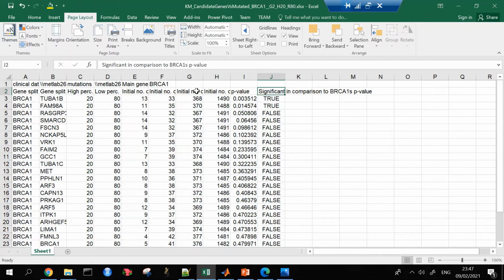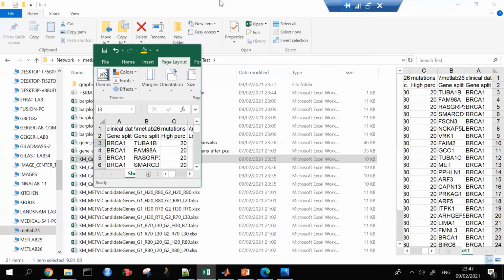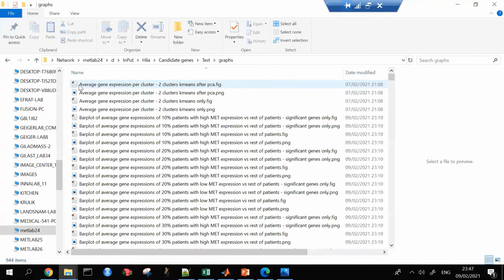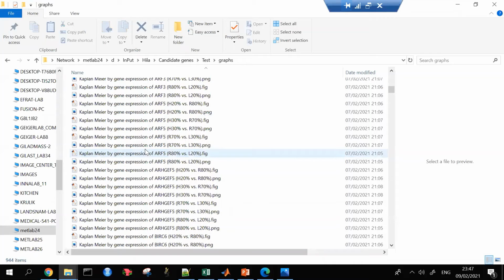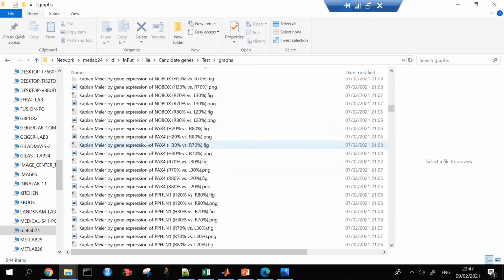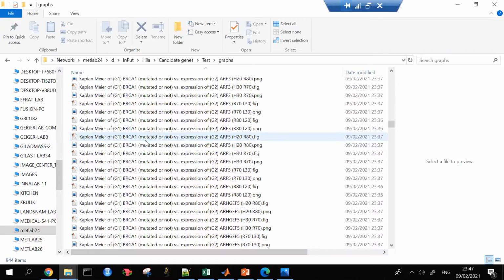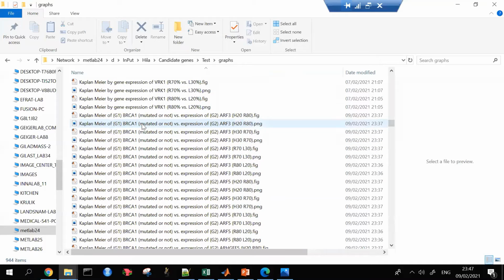In this case, we try to find whether the p-value was significant, whether it was lower than 0.05, and let's check the graphs. Let's look at a graph, for example.